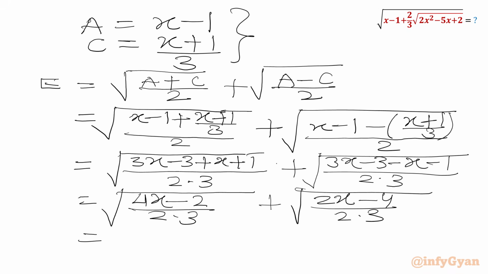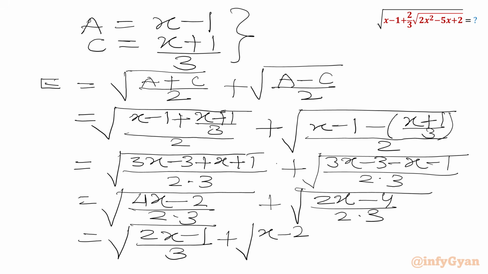Now we can divide numerator by 2. So we will get a square root of 2x minus 1 over 3 plus a square root of x minus 2 over 3.